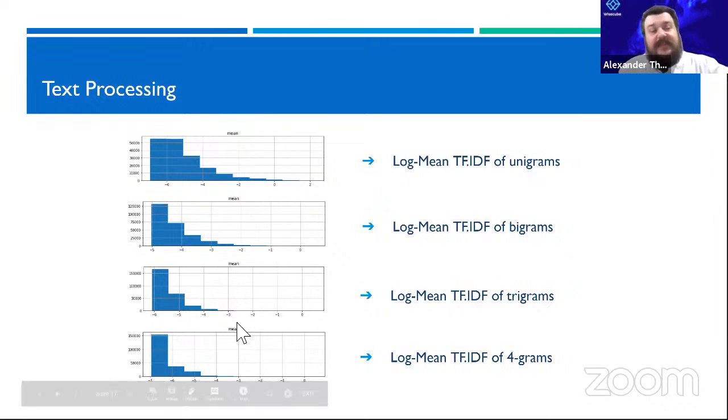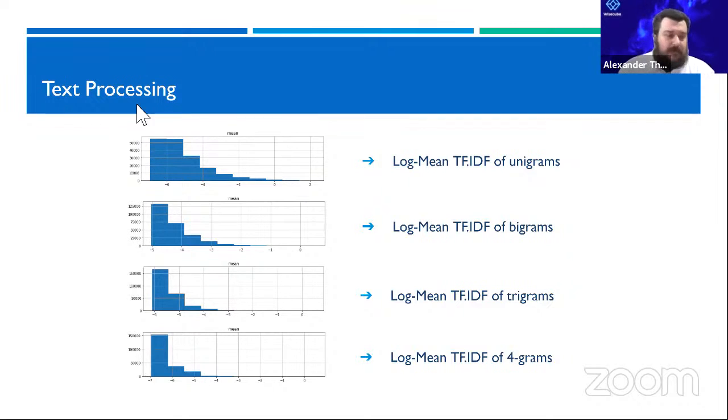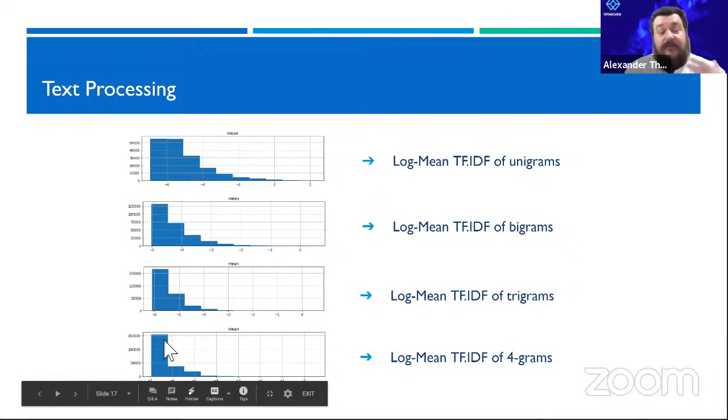Of course, if it wasn't a log mean, they would all look sort of the same, as these are very strongly power-law distributed words and grams. So when you're finding 4-grams, you'll probably find fewer than in trigrams, and fewer trigrams than bigrams.